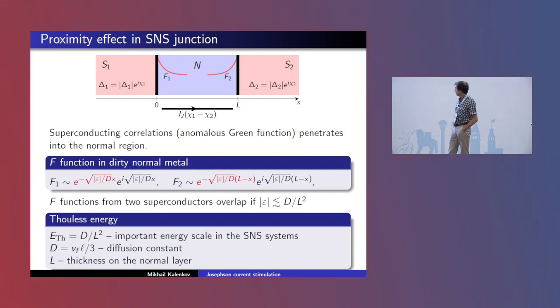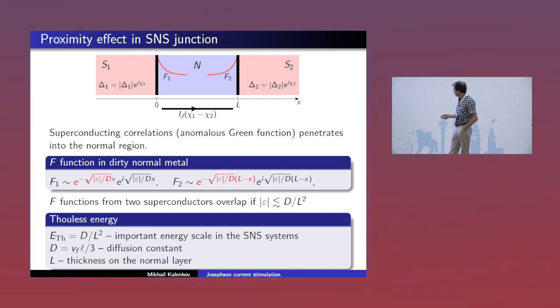And the length of the decay depends strongly on energy. In the diffusive limit, the dependence is the following. And from this, we immediately obtain an important parameter of the structure, the Thouless energy.